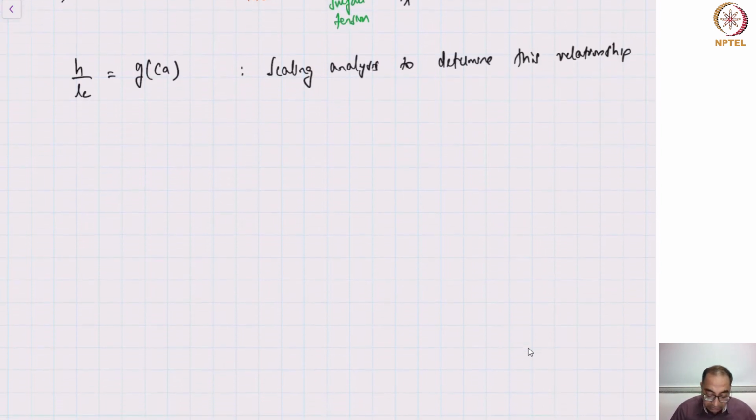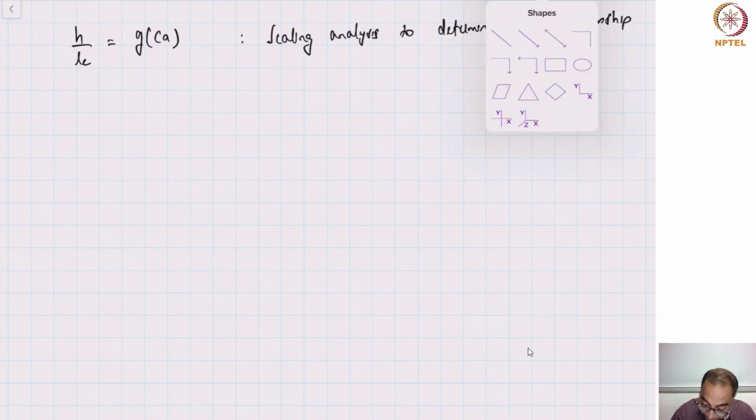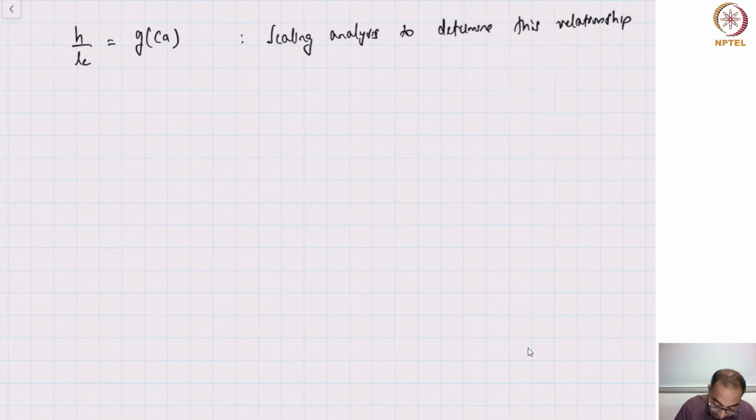Now, how do we go about doing this analysis? Let's divide the problem into two parts. So here's my plate again. Let's first consider a static meniscus, a static region.